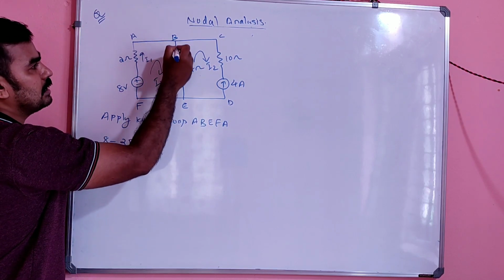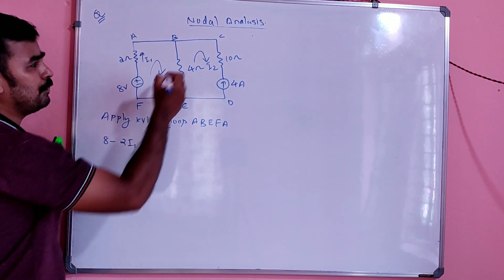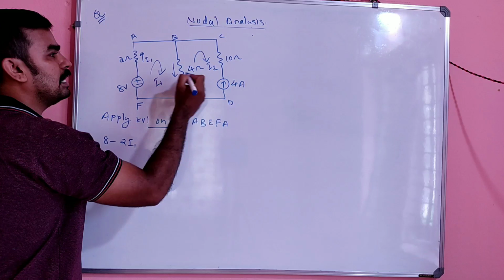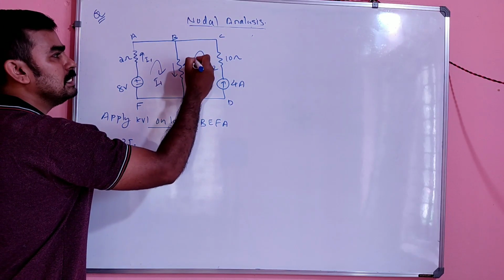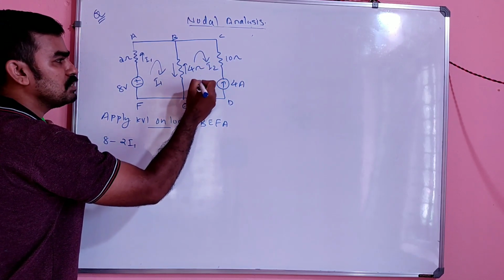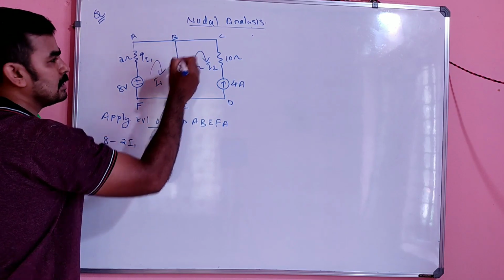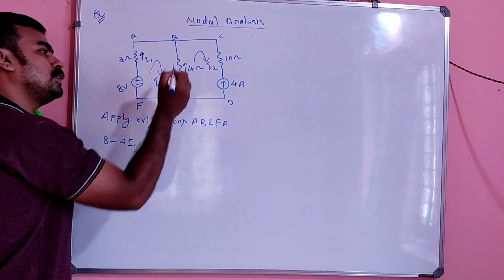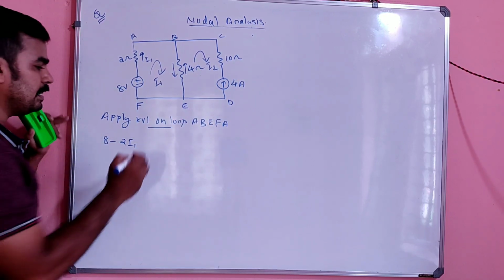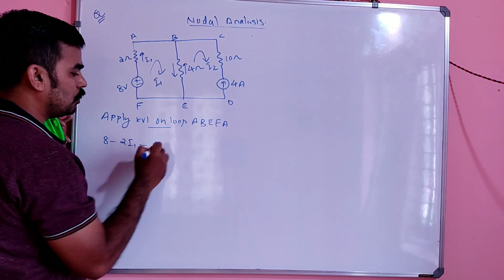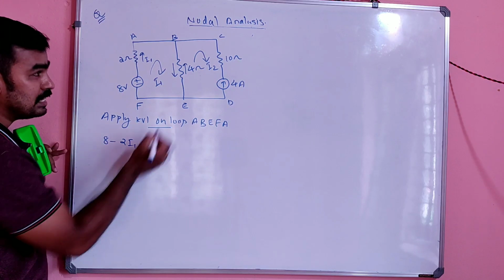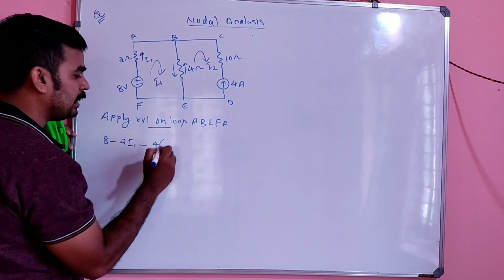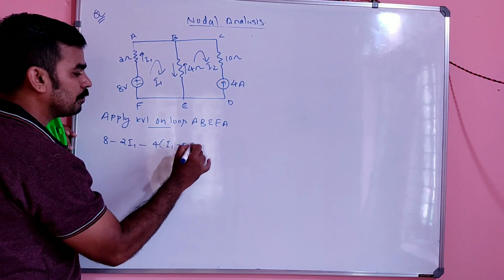When we come to the 4 ohm, there are 2 currents, one from here to here and another from here to here. This current is revolving like this and comes here, and this other current is revolving like this and comes here. So the total current through the 4 ohm, of course there is a drop of voltage so it will be minus, but regarding current value it will be I1 minus I2.